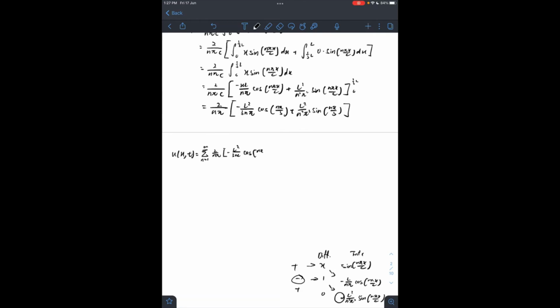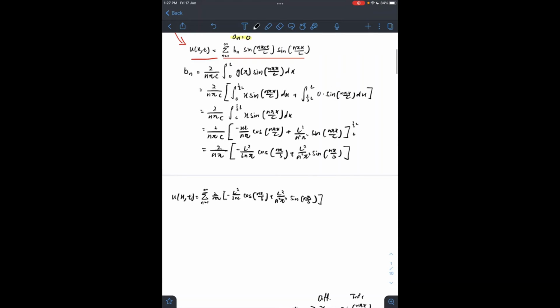Cos n pi over 3, n squared pi squared sine n pi over 3, and then don't forget that for the formula you have these two sines here. So continue to write down, and this is our final solution for this question.